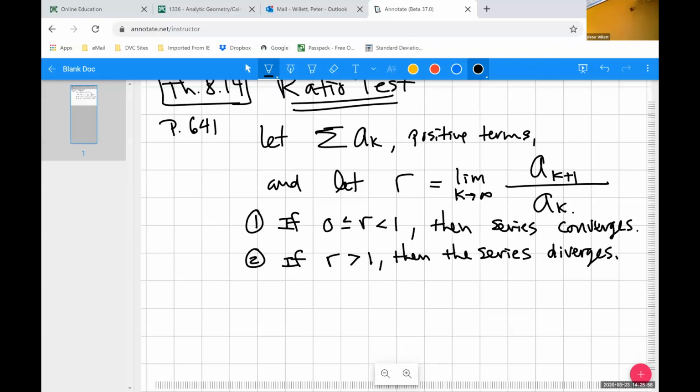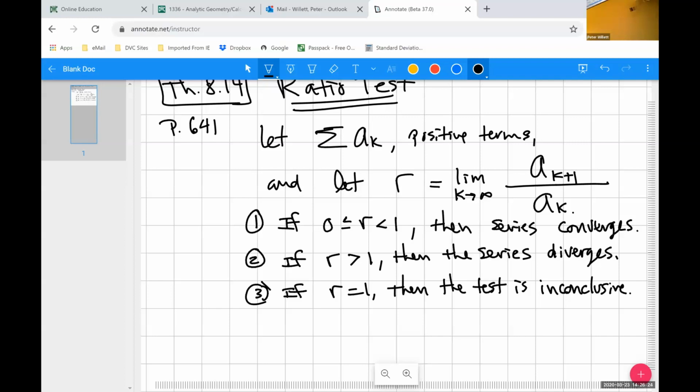So the only case that we've left out here is if r is equal to 1, then we don't know. The way we say it is the test is inconclusive, meaning we can't draw any conclusions based on the test.